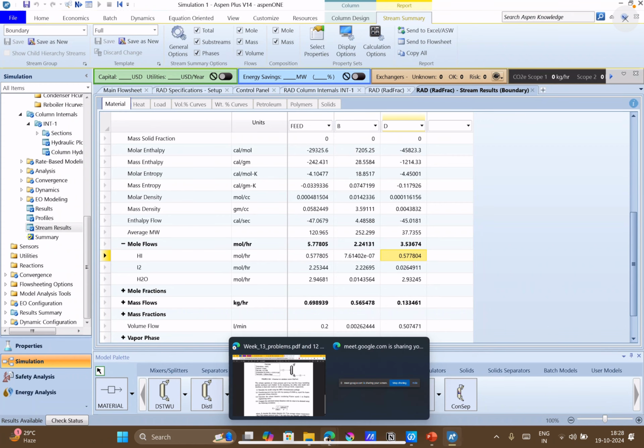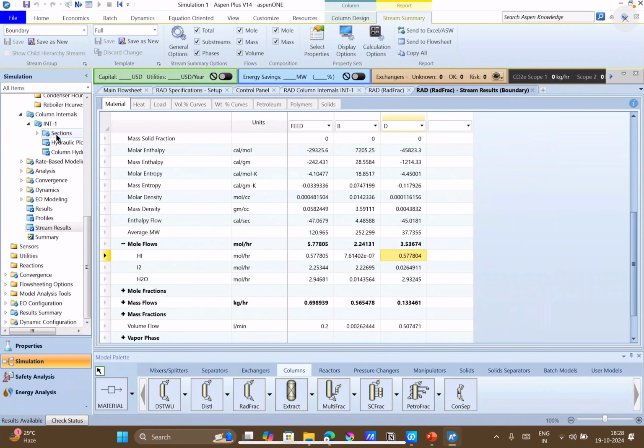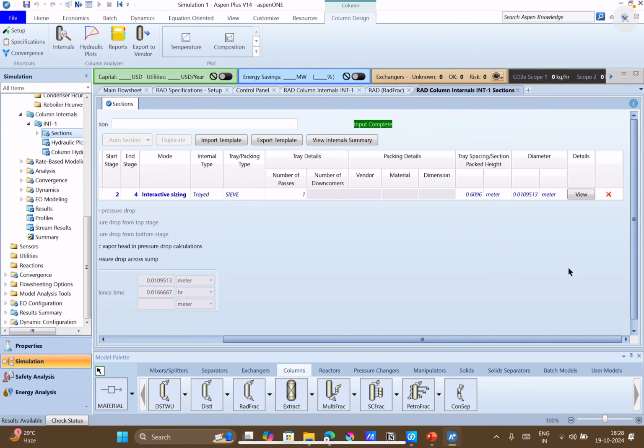Now what has been asked of us? Consider the sieve tray type with a tray spacing, report the Aspen Plus generated column diameter. So for our internals, the column diameter generated by Aspen Plus is 0.01095 meter.